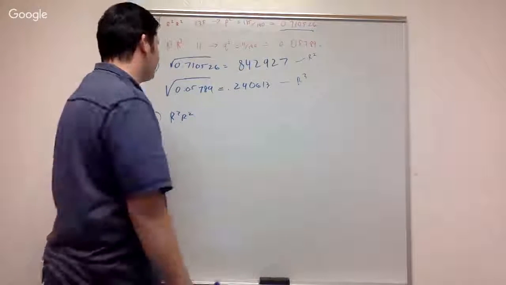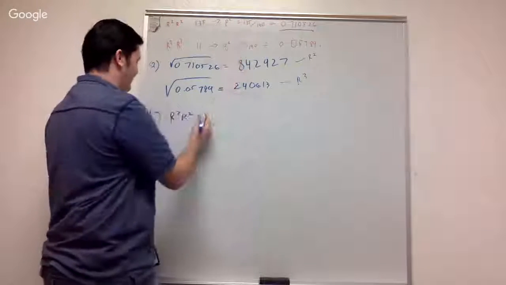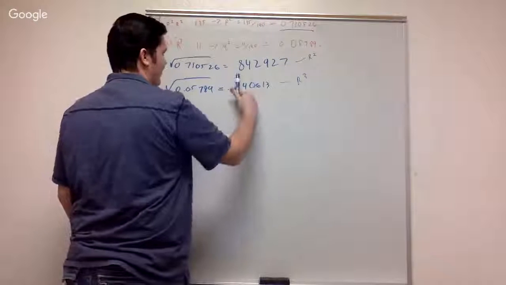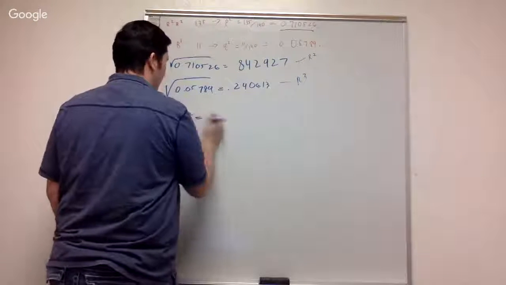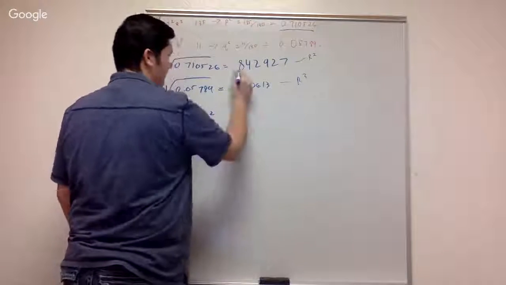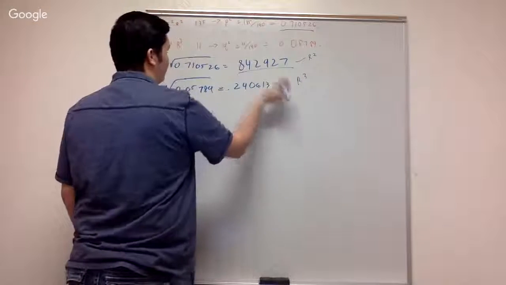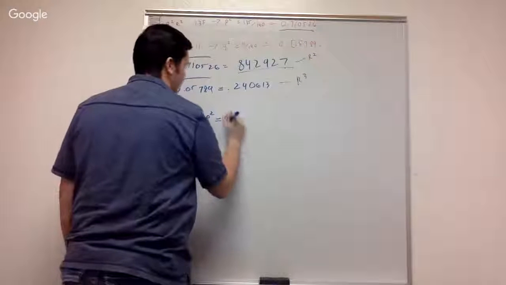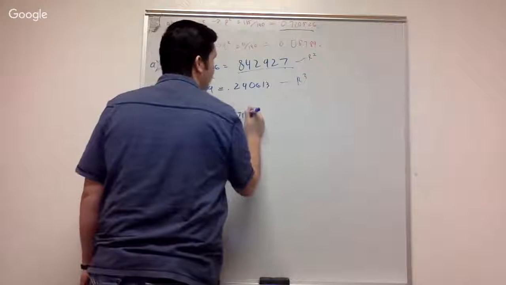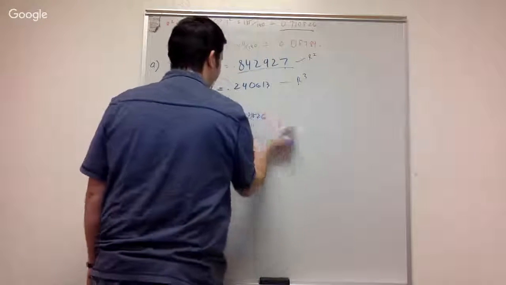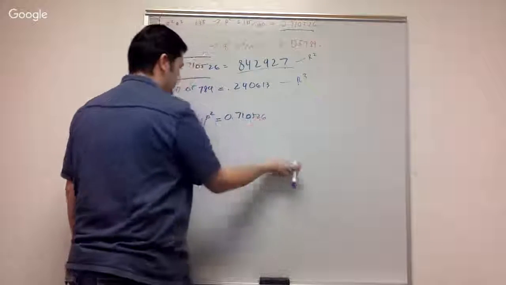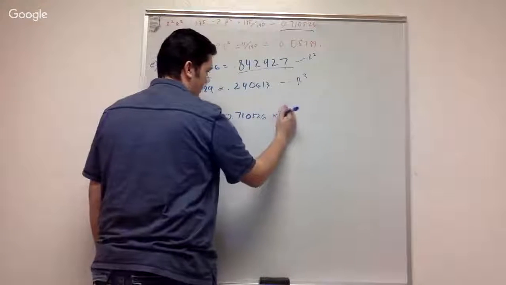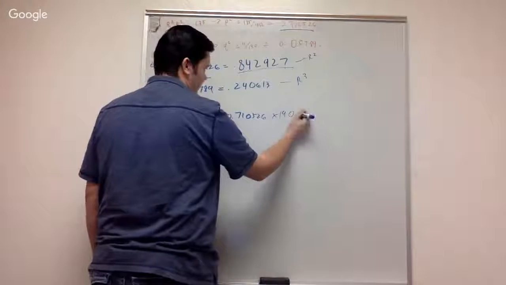Square it, right. We know this. It's p squared. We just found p, using p squared. So you can either re-square this, or just take that number, 0.710526, and then you multiply it by our total population.